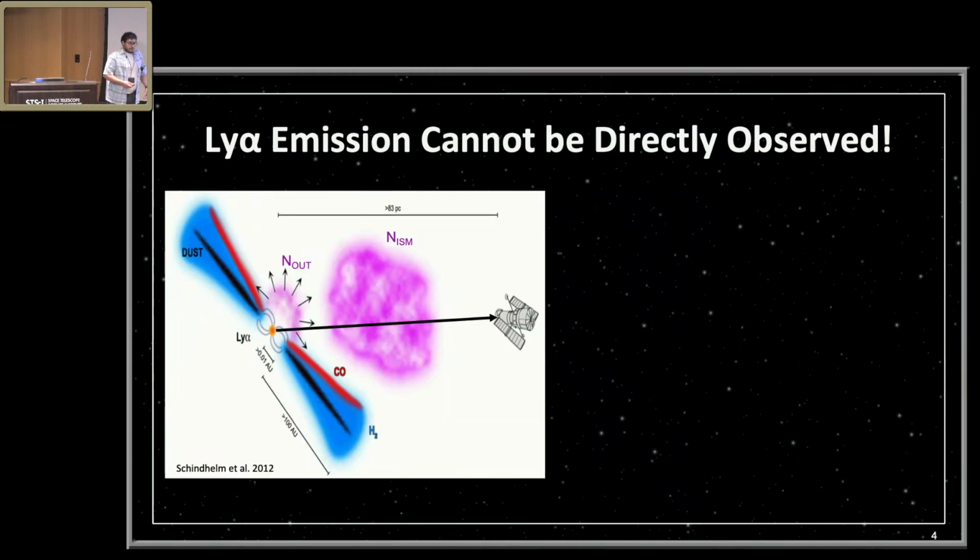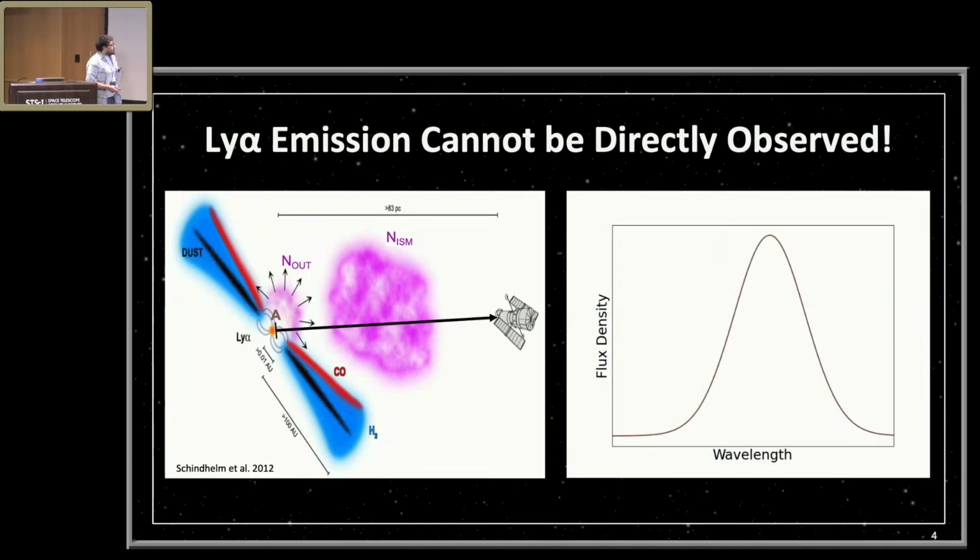And while it's incredibly important to know and understand what this Lyman alpha looks like, it's also incredibly difficult to observe it. And here I want to illustrate what the complications are with this figure. So we have our T-Tauri star right over here. It's got its nice disk, and we're observing it with our favorite FUV instrument on the Hubble Space Telescope. The Lyman alpha profile close to the surface of the star might look something like what you see on the right there.